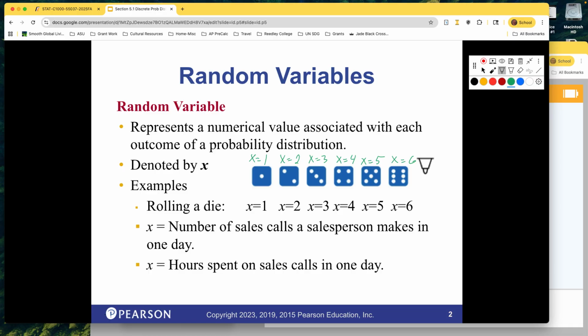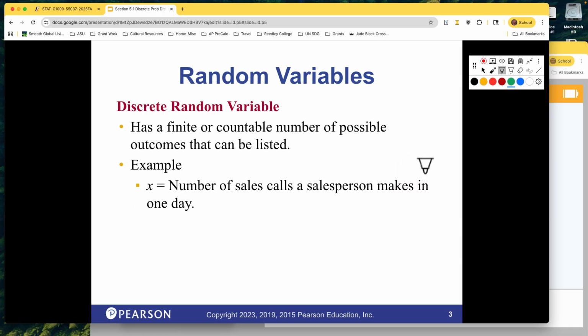Is it the number of calls, or the number of hours spent calling? It could be two different things. Payroll might be more interested in how many hours someone spends if you're paid hourly, but if you're working on commission, you might get paid by how many calls you make. So we can set it up any way we want.